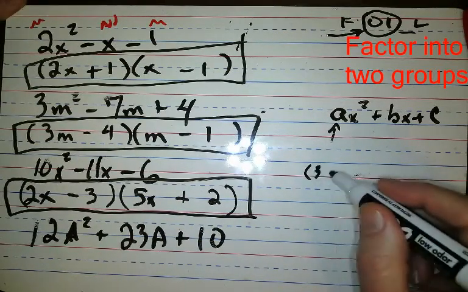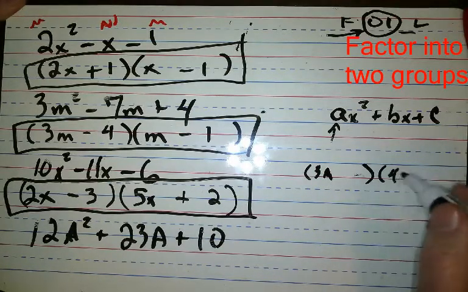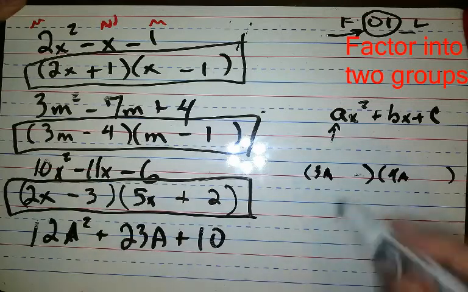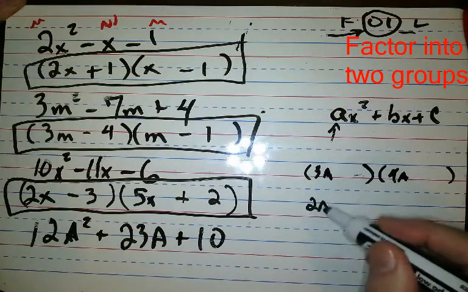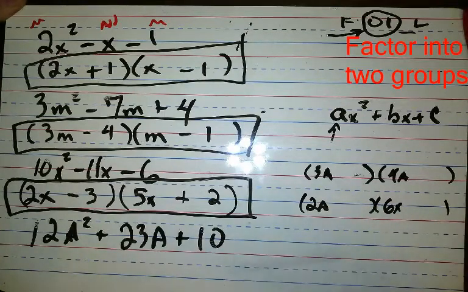Well, there's 3a times 4a. That would definitely make 12. And there's 2a times 6a. That would make 12. And then there's 12a times 1a. I don't think that's it, so I'm not going to even use that possibility.